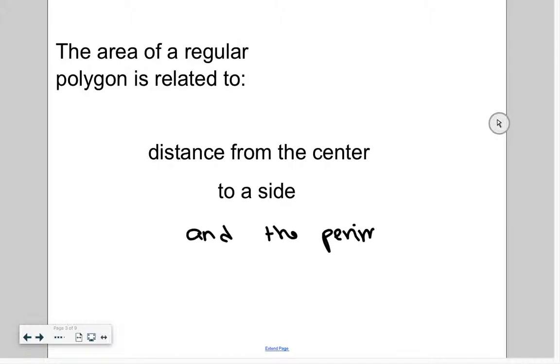Hopefully you're familiar with a lot of these terms. Perimeter just means the distance around the figure. We're going to go into the term for the distance from the center to a side in just a second. Before we move on, make sure you have your textbooks. Turn to page 629 and follow along. If you don't have your textbook, pause this video, go get one, turn to page 629.